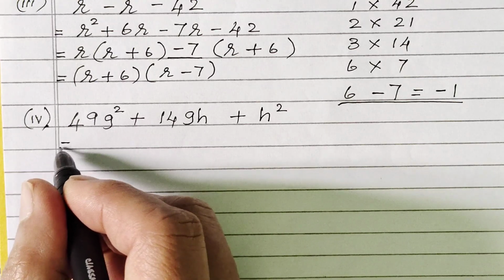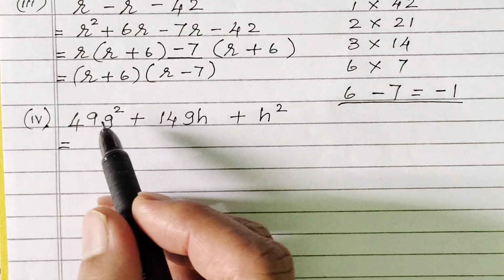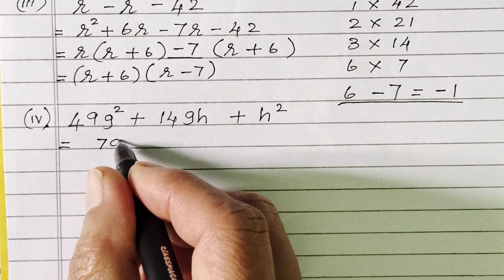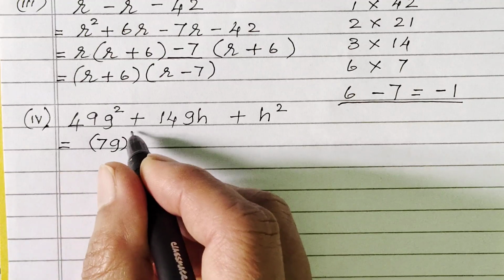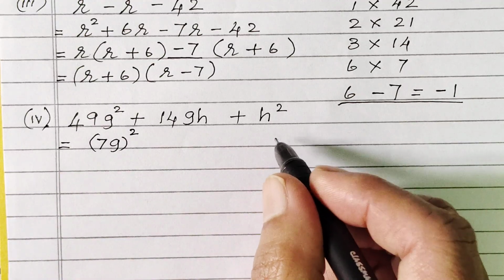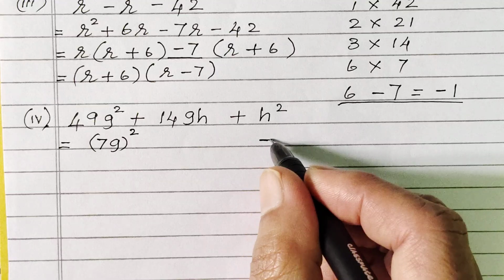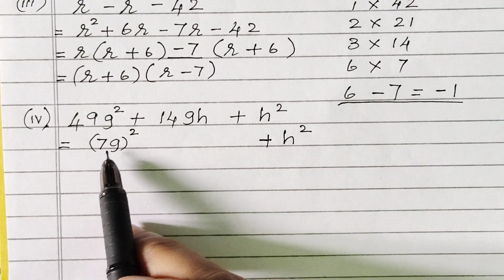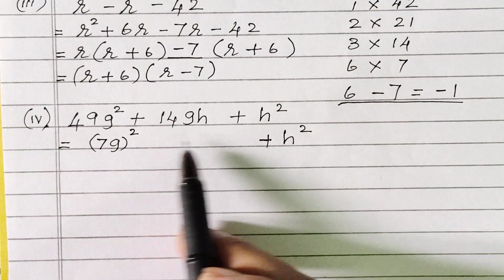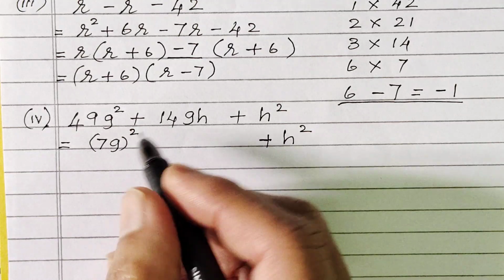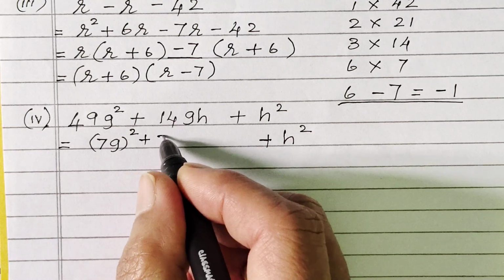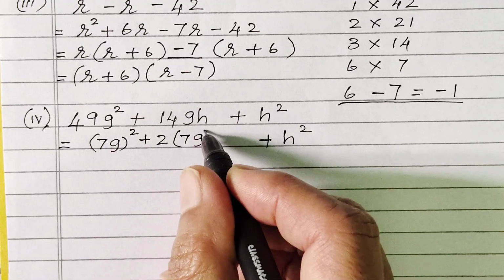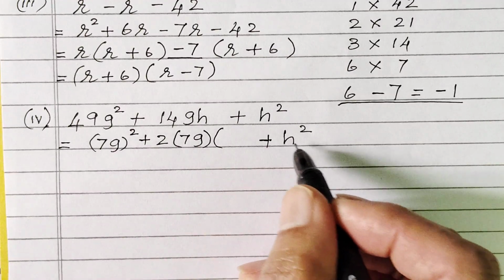I can write this as 7g whole square plus h square. This is a square and this is b square. I would write here plus 2ab, plus 2 into a is 7g into b is h.